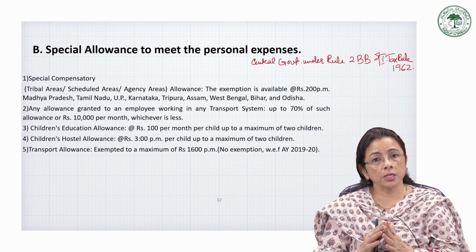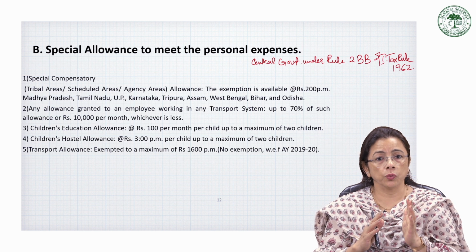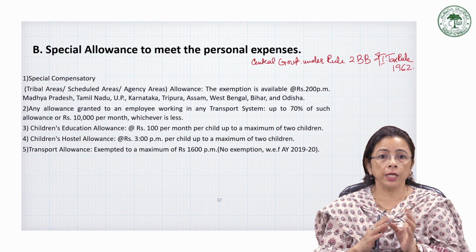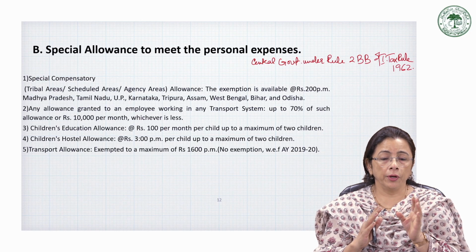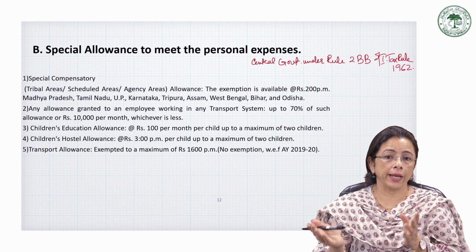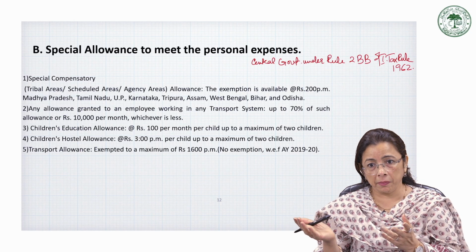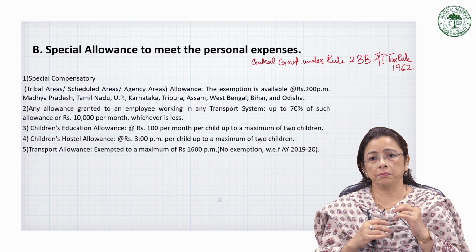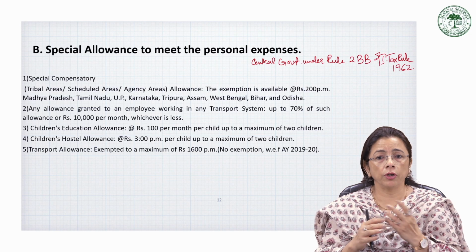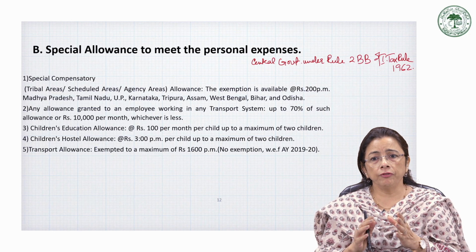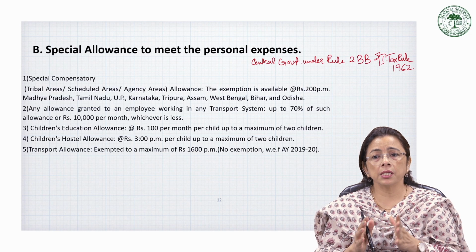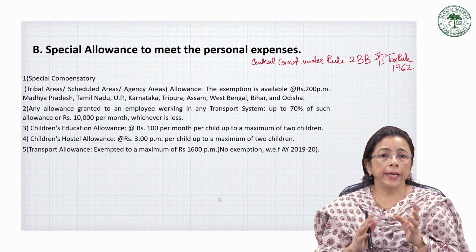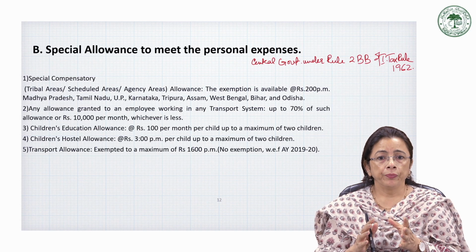Here the transport system means anybody who is an employee in transport services such as railways, airlines, shipping, or roadways. He's a bus conductor, bus driver, or a pilot. And they often spend long hours away from home while they are on duty.